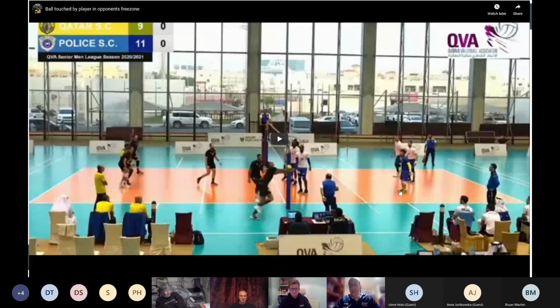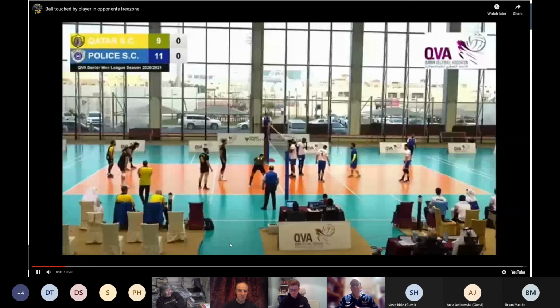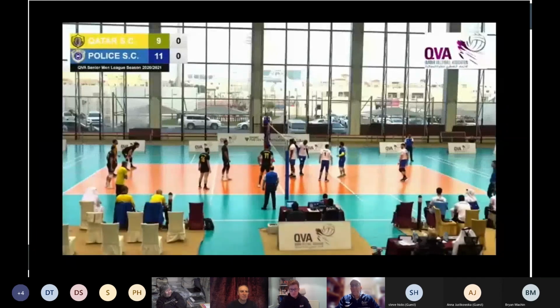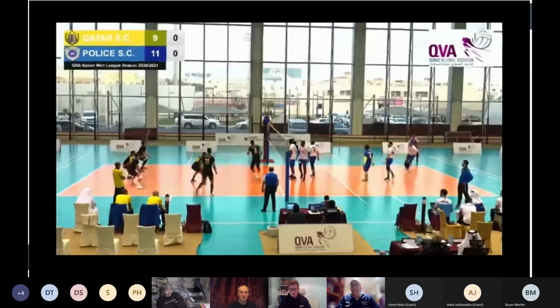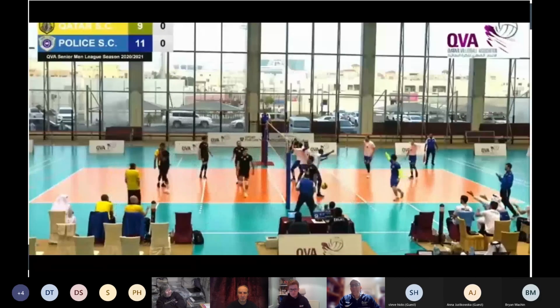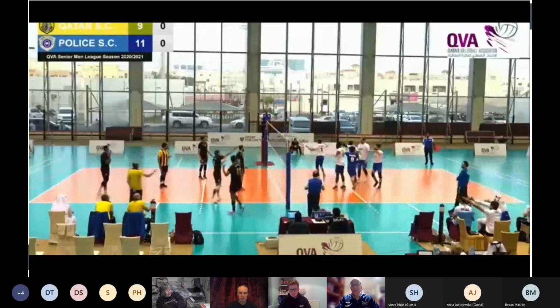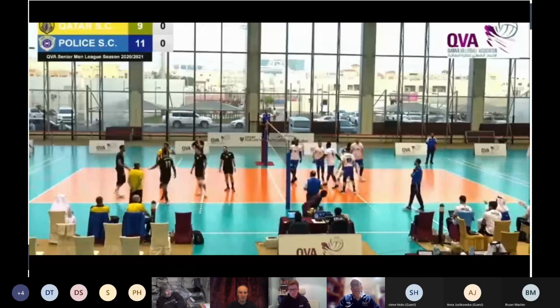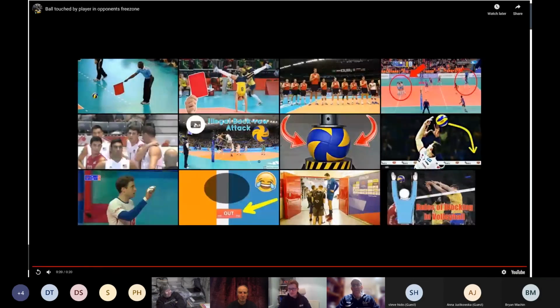Now, this is a case of interference. This is perhaps, let's say, more on the stupidity side of retrieving a ball from the opponent's space. Okay, so the player was still in the opponent's free zone when the ball came off the block and hit him, and therefore, unfortunately, he causes the fault.